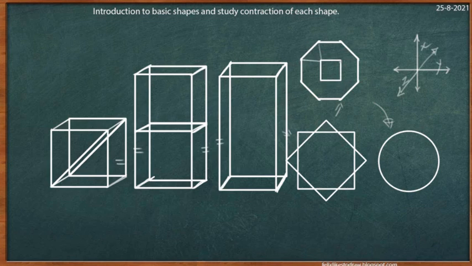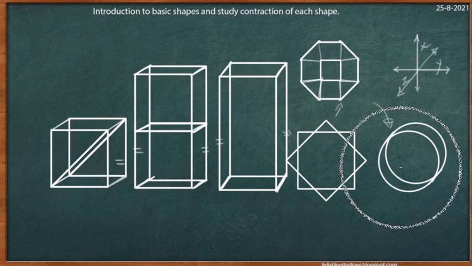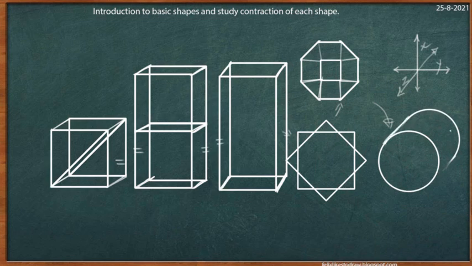An octagon can become a diamond, so you can see how a diamond cut or gem cut can be created. A circle can become a cylinder. This looks very short, let's extend it. It looks pretty good. I make an inner circle over there.